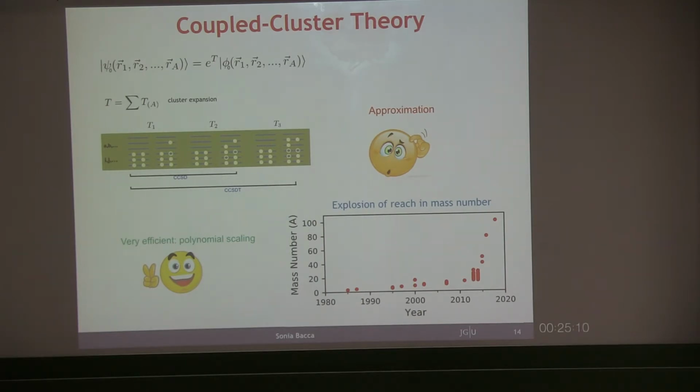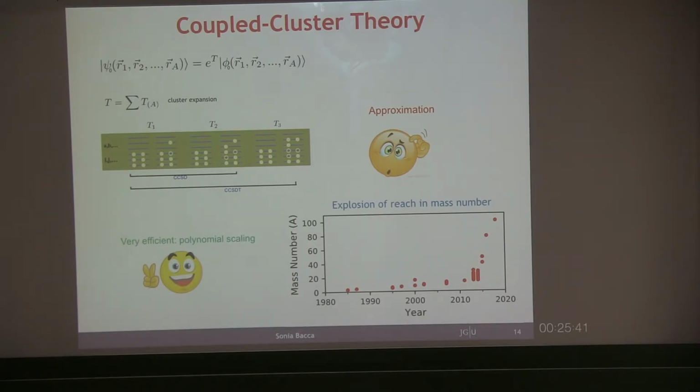So you can actually calculate much heavier nuclei, and this is what has allowed us to obtain this explosion in mass number. And this, you see, is the mass number that was reached by calculations as a function of time. If, let's say, 10 years ago we were able to do just oxygen-16, now we can do 100 particles. This is exploiting basically the better and better computers we have.